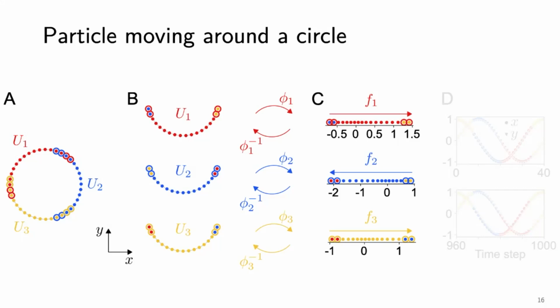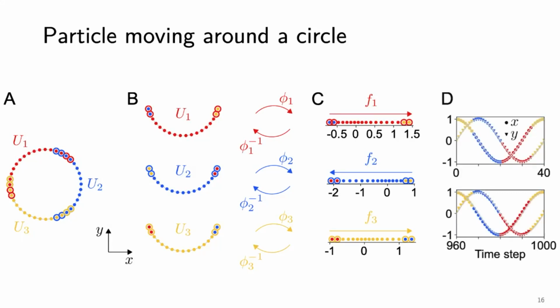Then once we have this low dimensional, in this case one-dimensional, representation, we train neural networks to learn the dynamics in the reduced spaces. That's represented by these arrows in panel C, and the maps F1, F2, and F3 that tell us where the dynamics take a point in each of these coordinate systems. In the end, what we're left with is a correct minimal dimensional dynamical model with smooth transitions.